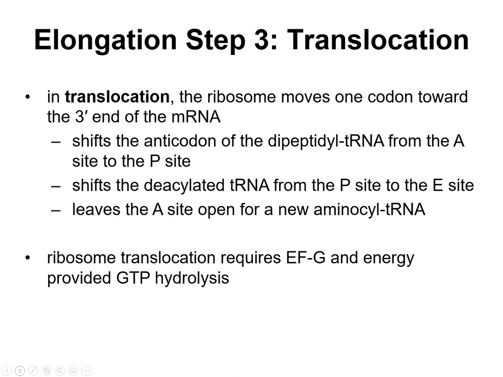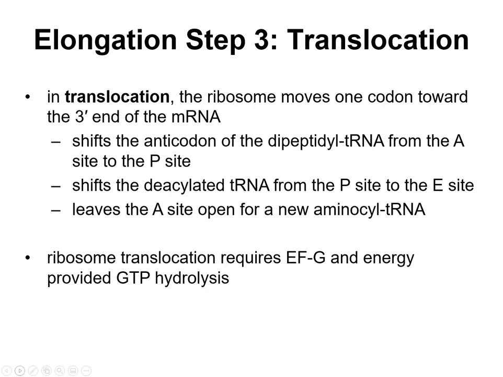So we talked about how we form the peptide bond. We talked about how ribosomes can get stalled sometimes, and they need to be rescued. But if that doesn't happen, or even if it does, you still have to translocate, which means the ribosome has to move forward one codon towards the 3' end of the messenger RNA.